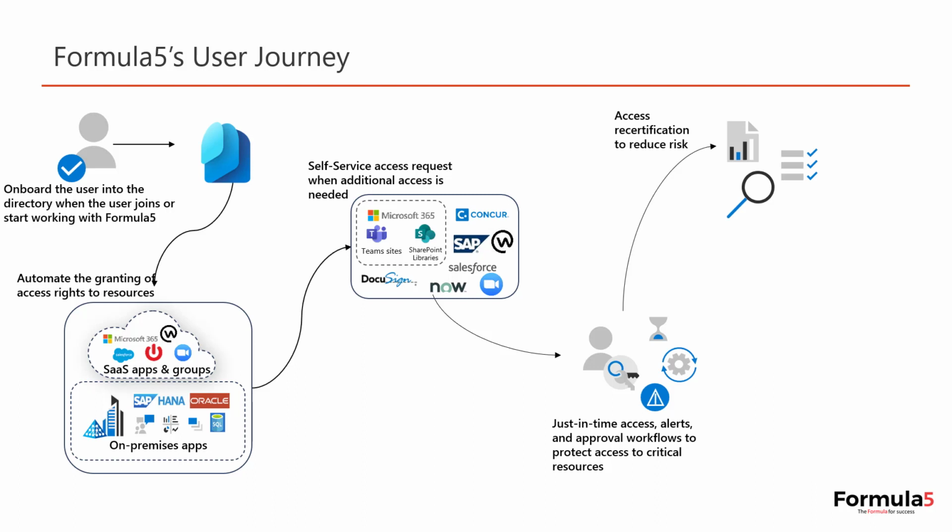And obviously after some time, when it comes to access to specific roles or resources, access recertification is required to reduce the risk. So from time to time, someone from our organization will have to look into the access that is granted to specific people and check whether this specific grant is still valid.